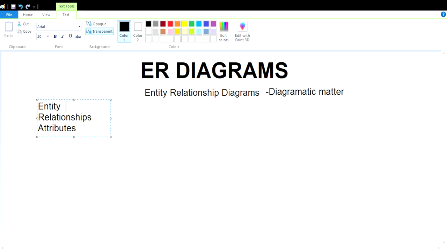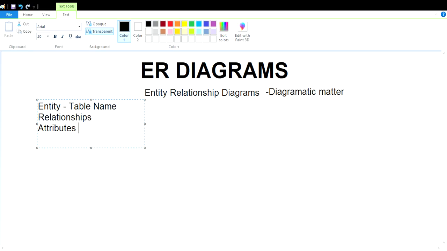What is meant by entity is table name. So we can consider entity to be the table name. The relationships are how each table is interacting with another table. That is the relationship.